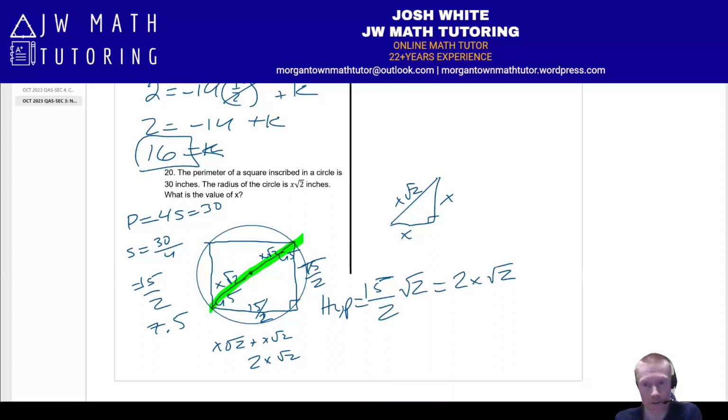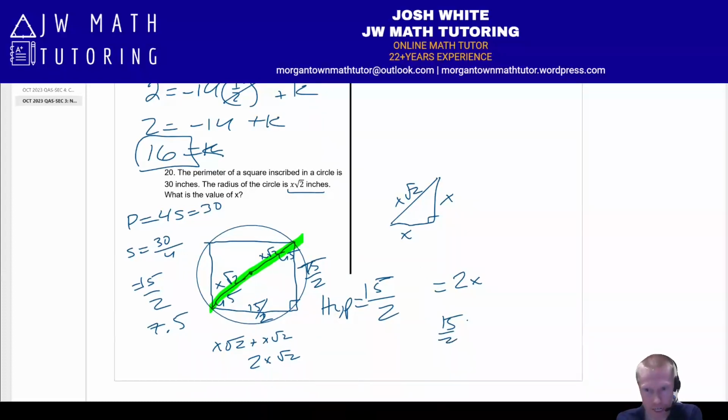So basically now you're setting these two quantities equal, one a numerical value that we got from the perimeter of the square, the other an expression that we got from telling us the radius is equal to x root 2, and we're just going to solve this for x because that's what we're trying to figure out. So notice the root 2's are just going to cancel, so those just drop out.